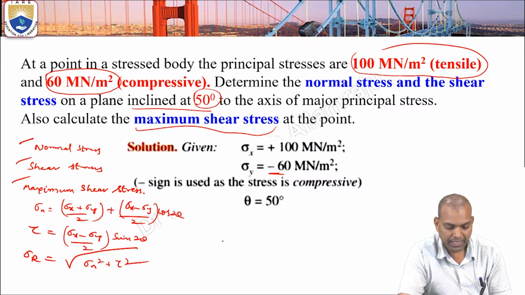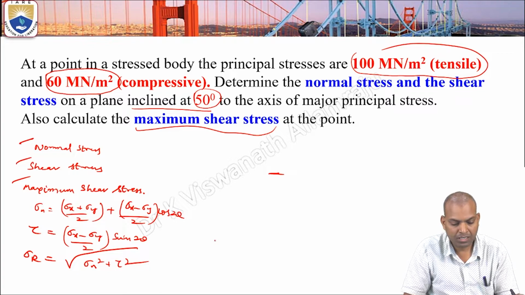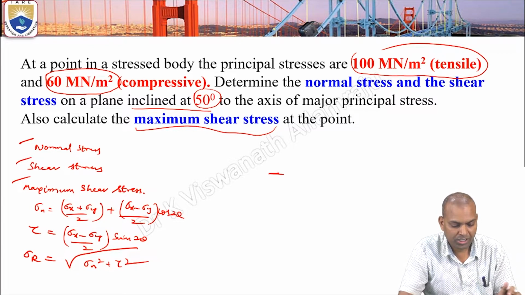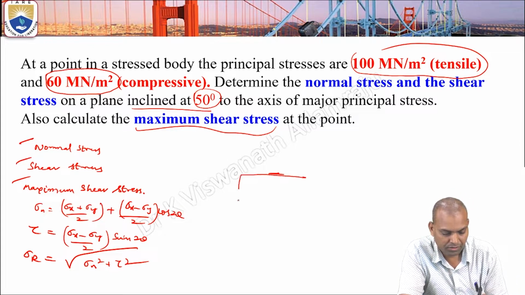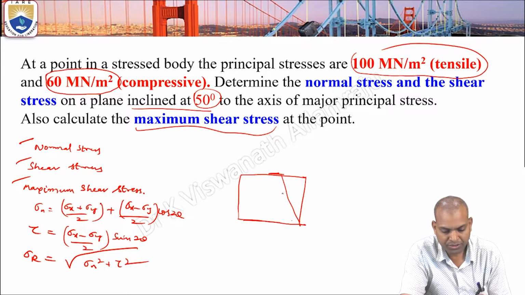If you draw the diagram of the plane, the stress direction makes 50 degrees with the maximum principal stress.